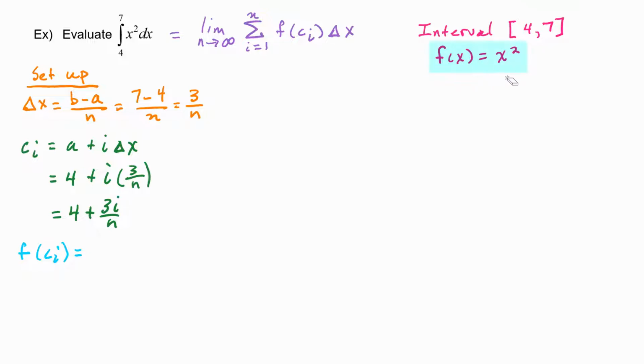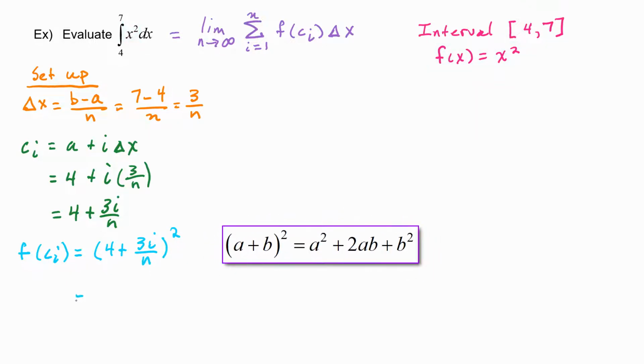And remember, f of x is equal to x squared. It's our integrand. So we have to take 4 plus 3i over n and square that. So we know that will be 16 plus, we have to double the product.